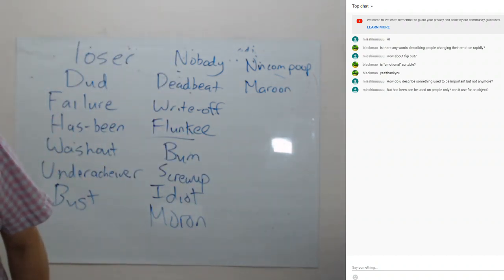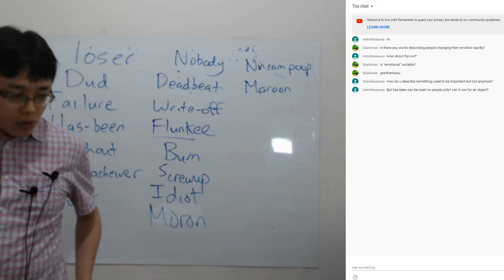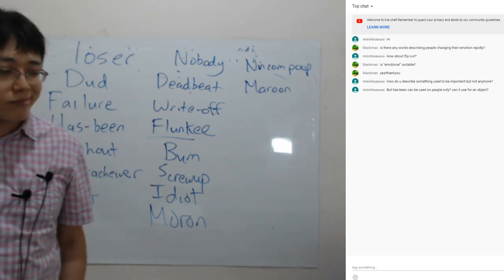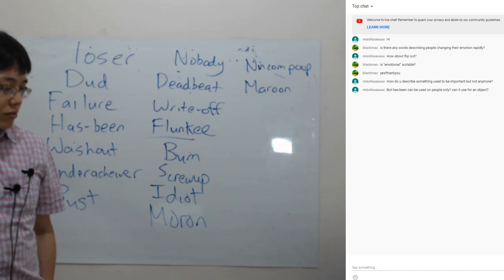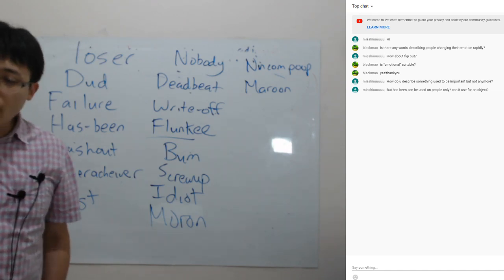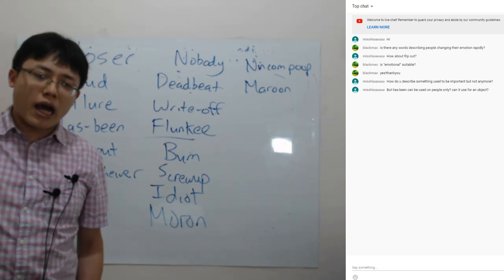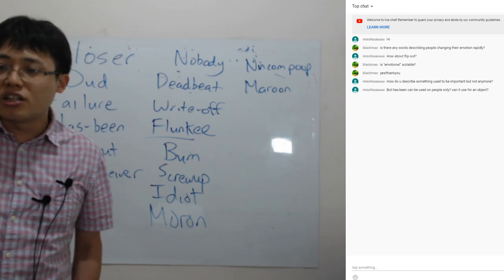But has-been can be used on people only. What about for an object? I can't think of a word to describe that. There might be one. So right now, the best way I can think of it is to describe it the way you said it.